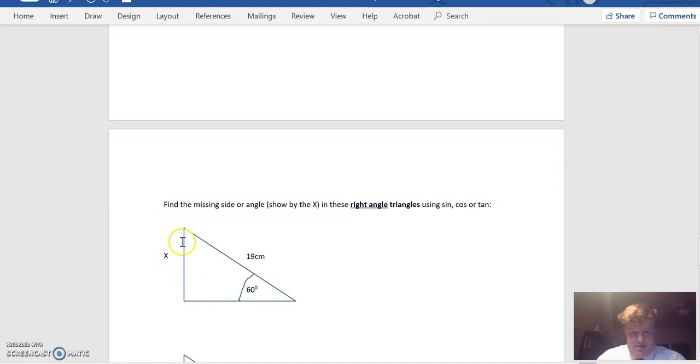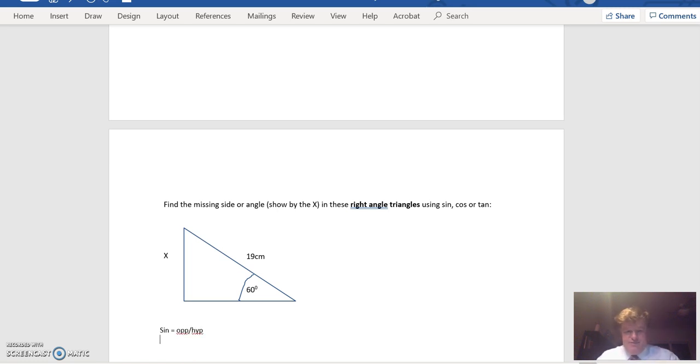We know that this is the hypotenuse, the longer side, because it's directly across from the right angle. So if we're interested in the opposite side and the hypotenuse, the rule that holds that together is sine. A sine of an angle equals opposite divided by hypotenuse.